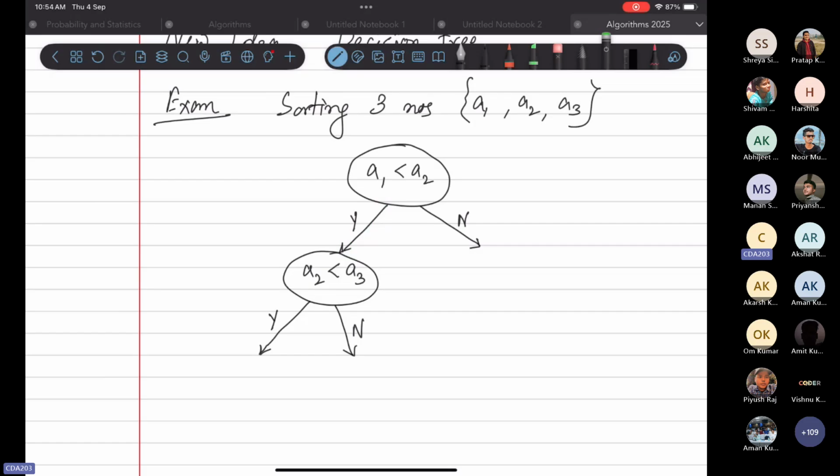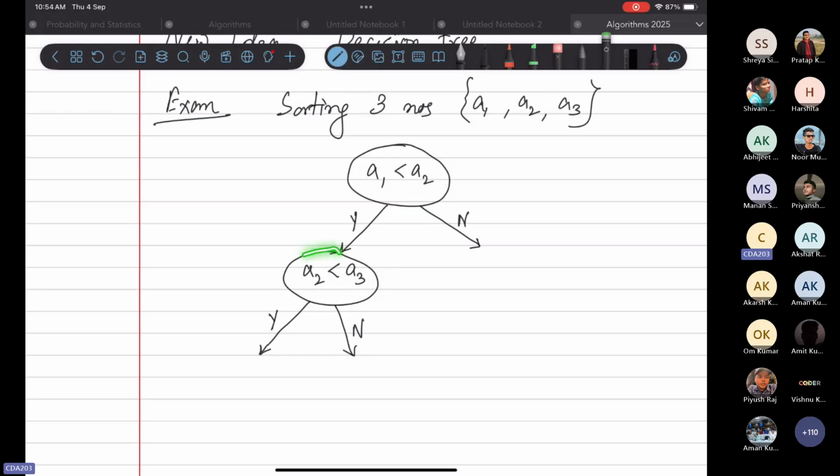At that point, when I know this answer is yes, I cannot decide what is the sorted order. I have to do some other comparisons.